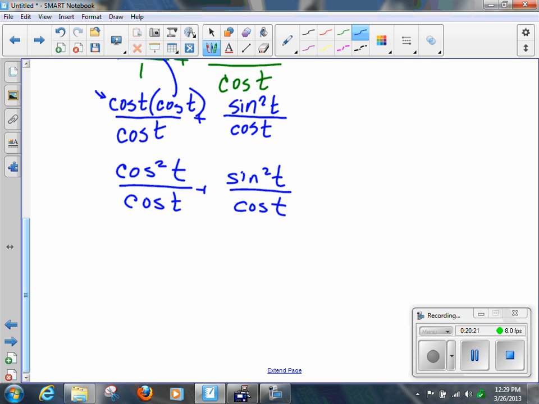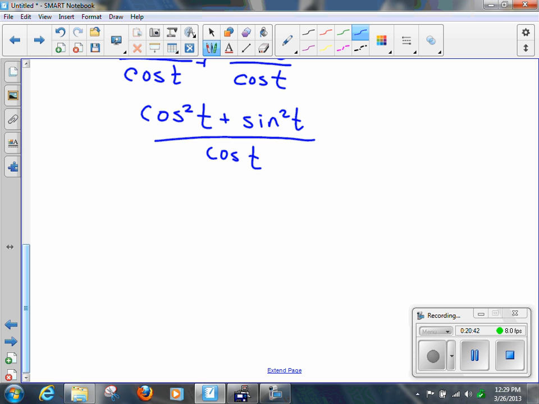Now what? I need one numerator over one denominator, don't I? What is my new numerator going to be? Cosine squared plus sine squared over cosine t. Keep looking at that.